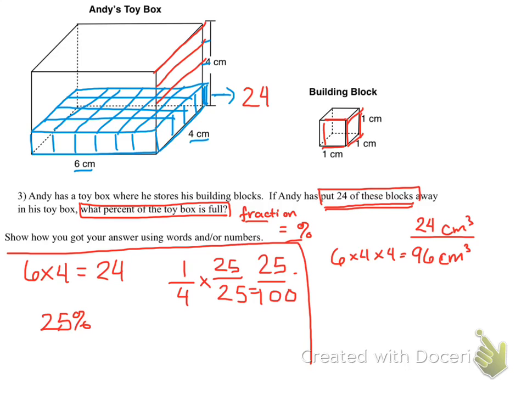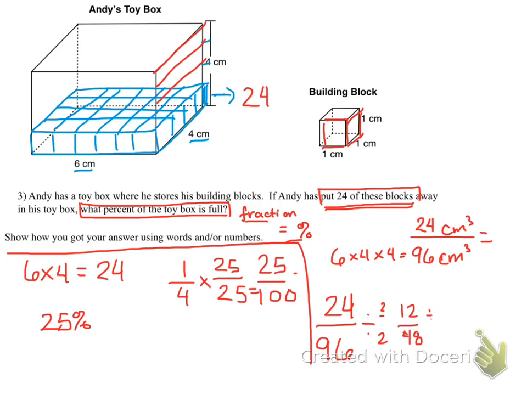This fraction looks a little harder to turn into a percent. A lot of people end up trying to divide 24 by 96. But there's got to be a simpler version of that. Instead of doing 24 divided by 96, can we simplify this? And the answer is yes. Even if it looks hard, you can see they're both even numbers. Divide them by 2, and we would get 12 out of 48.